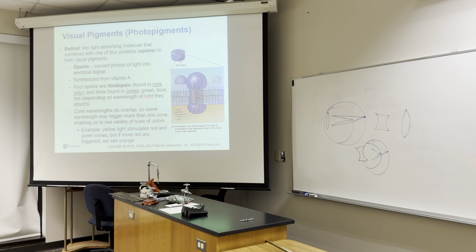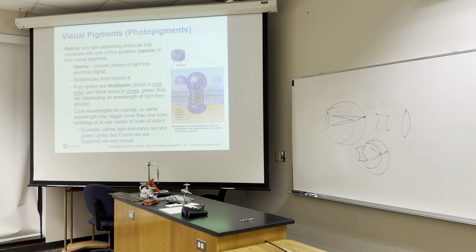These 3 are called green, blue, and red. Cone wavelengths do overlap, so some wavelengths may trigger more than one cone, enabling us to see a variety of hues of color. So now we only have how many cones? 3 cones, red, green, and the what?